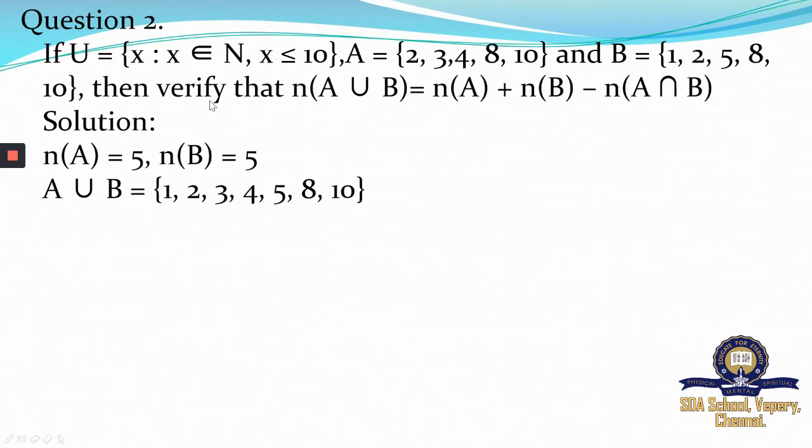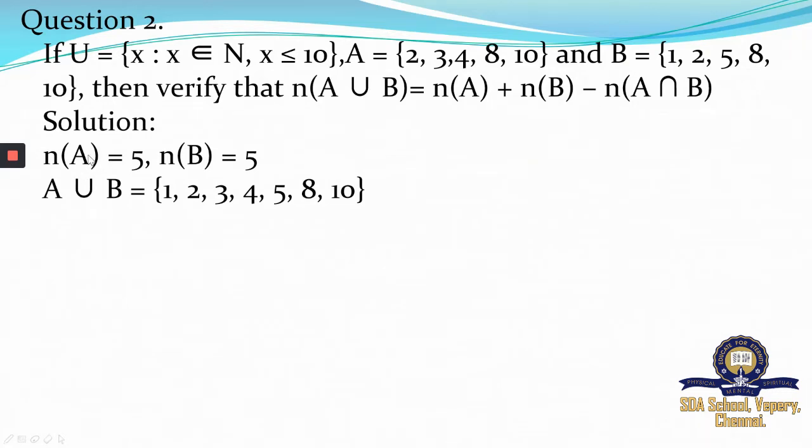If you have to verify, you have to take the LHS and then prove it to the RHS part. You get it, students? First of all, take the LHS part and then prove it to the RHS part. Left hand side equals right hand side.